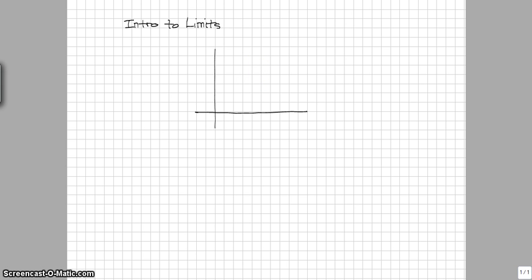So a curve in the XY plane, and when we have a curve, and we'll call it y equals f of x, we can choose a point, some input value, and we'll call it a.